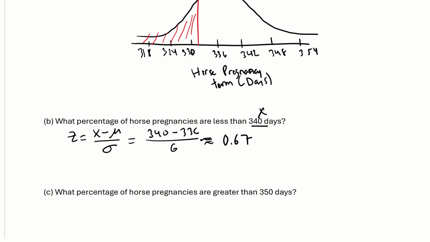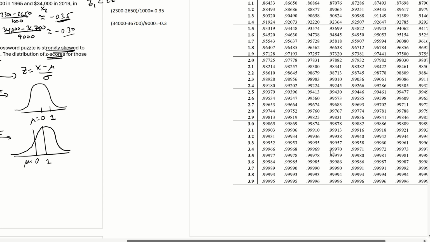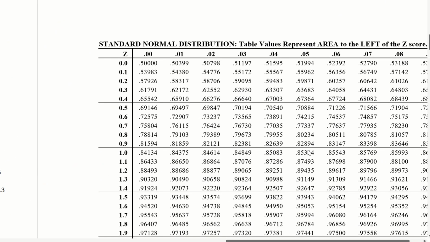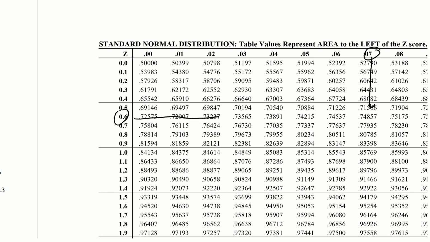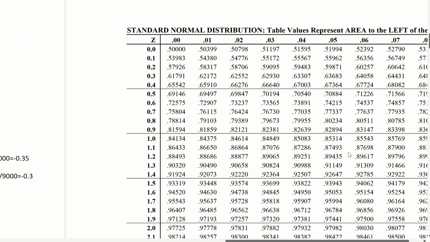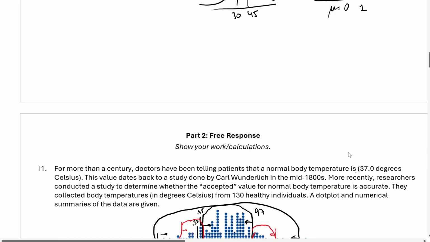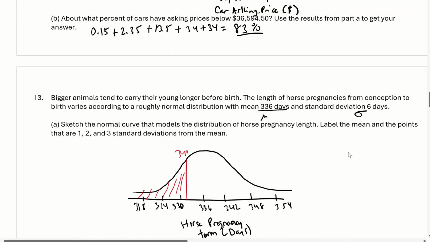All right, and then we need to look this z-score up on the z-table. So let's do that real quick. So 0.67, and then we need to figure out what the value is from that. So the value is 0.74857. So that's the area on the left.